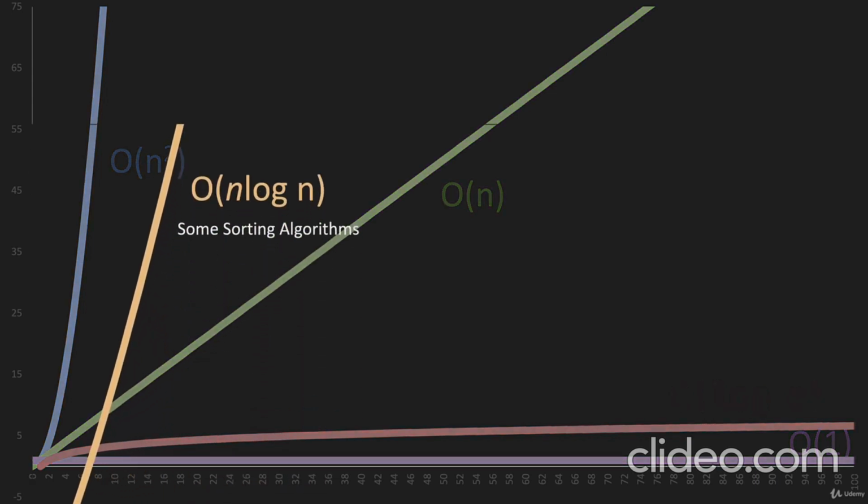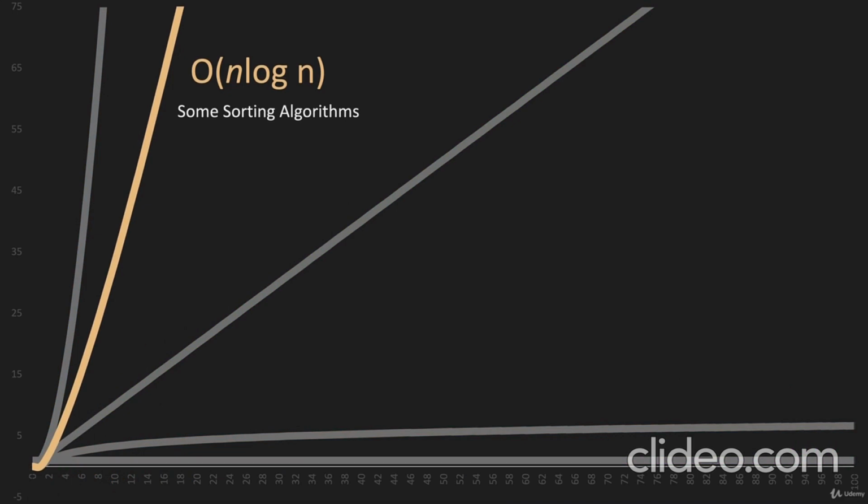And that is O of n times log n, which is used in some sorting algorithms. And this is the most efficient that you can make a sorting algorithm unless you're sorting only numbers. But if you're going to sort multiple types of data, such as strings, this is as efficient as you can make a sorting algorithm.